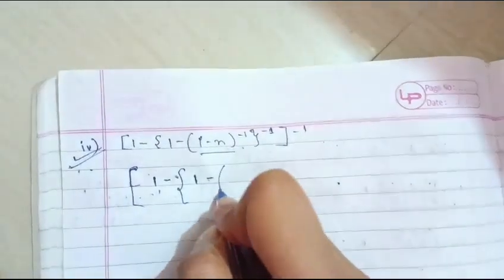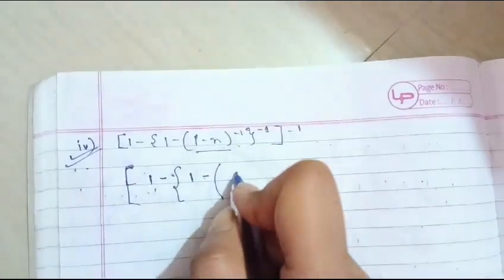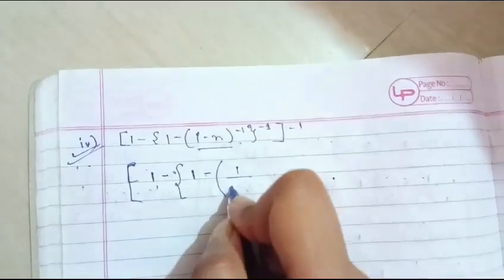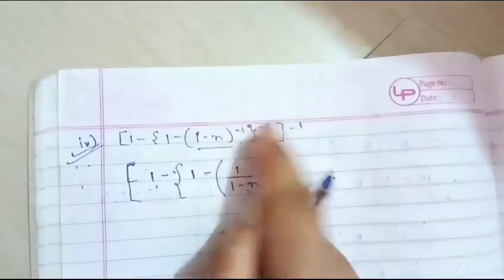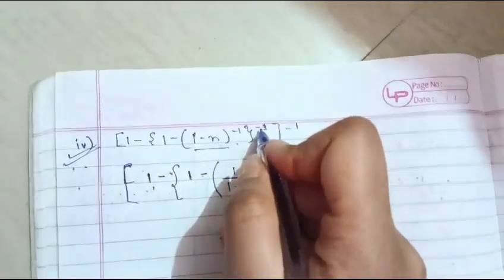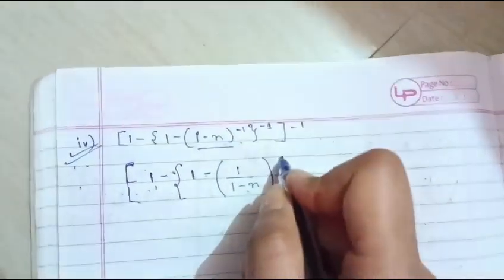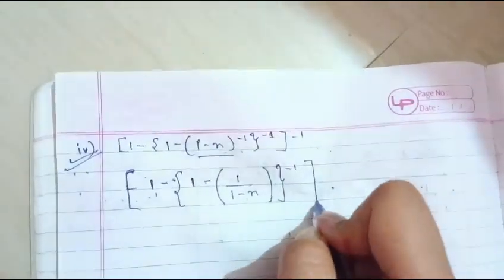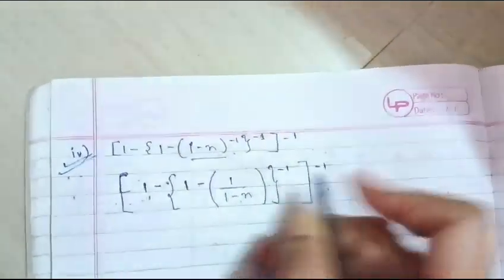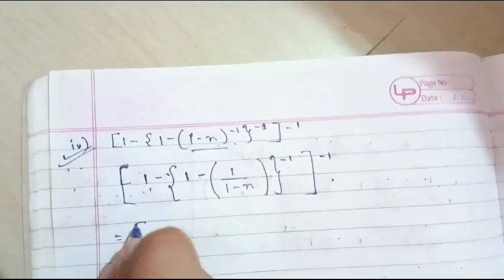If you take the positive power, we will have it as 1 upon 1 minus n. Correct? Till here I think it's simple enough. And then we are left with this bracket minus 1 whole raised to the power minus 1.